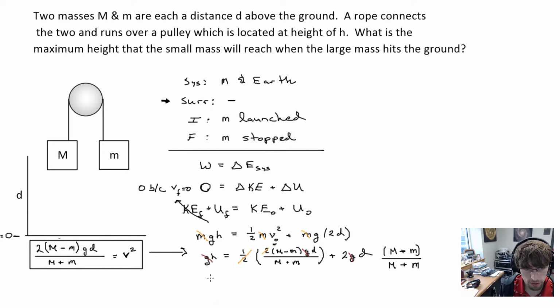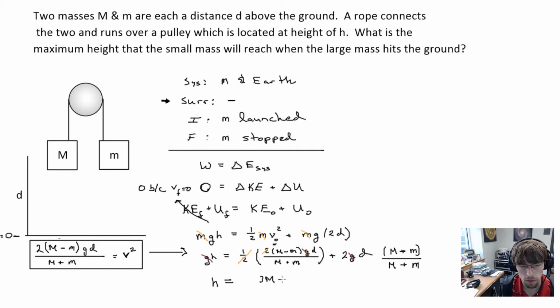And so at the end of the day, we have h equals, I've got M plus 2M. So that would give me 3M. I've got minus M plus 2M.